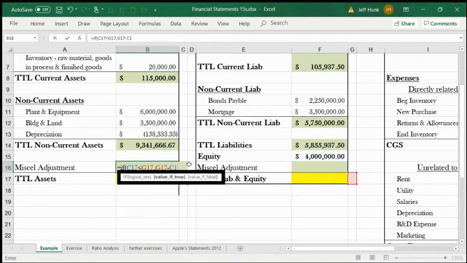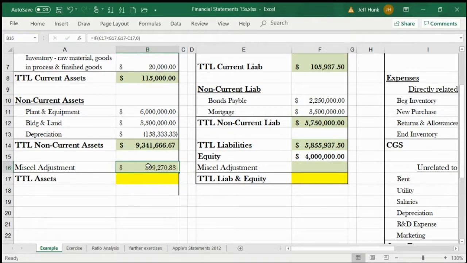Now, what this means is, the first comma means if this is the case, then do this. Now, the second comma means otherwise. If that's not the case, otherwise, just leave it as 0. In other words, there's nothing to do. If this side is not less than this side, nothing to do.